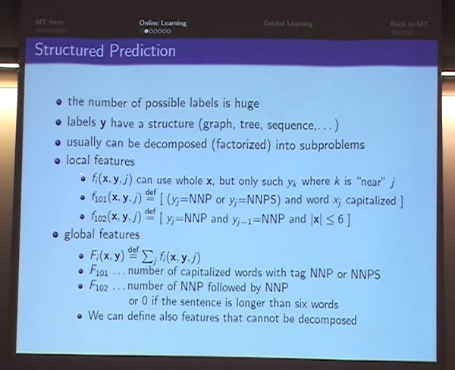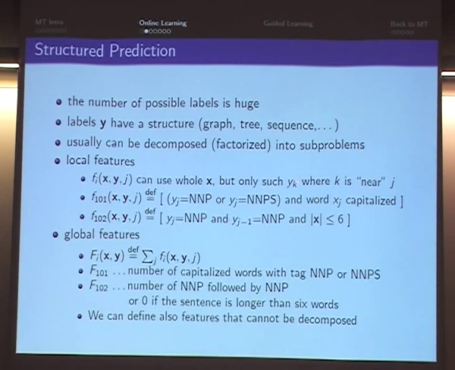So you have what I call local features, and also in literature sometimes you may find it, and I use small letter f in contrast to capital F. So the small f can look at the whole sequence of X, on all words which were on the input, but only at some labels.